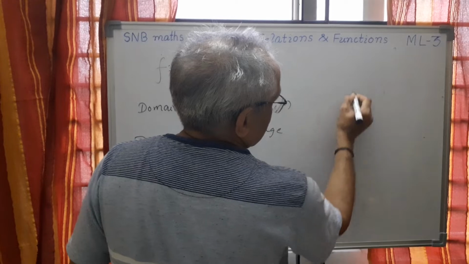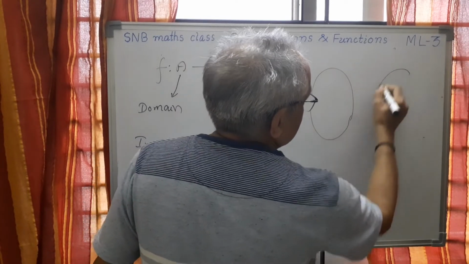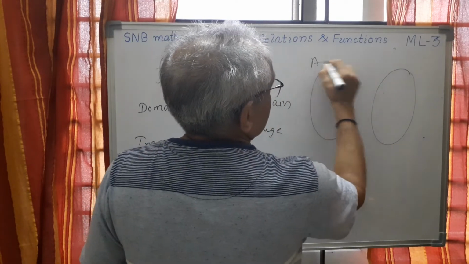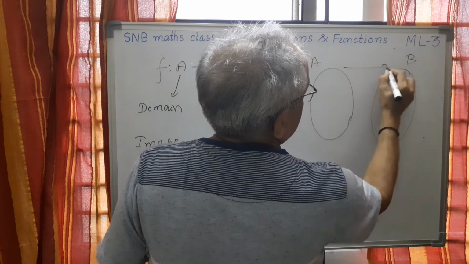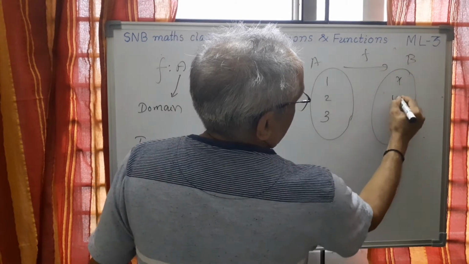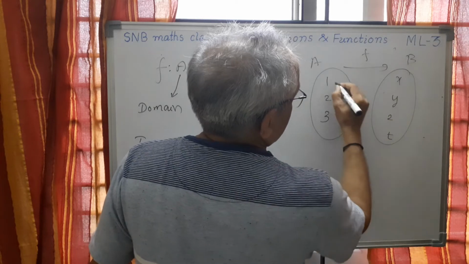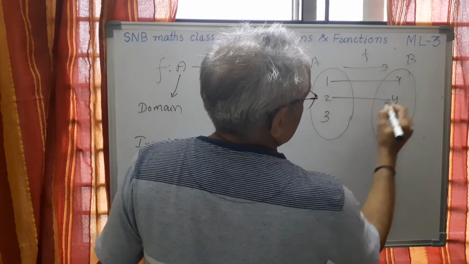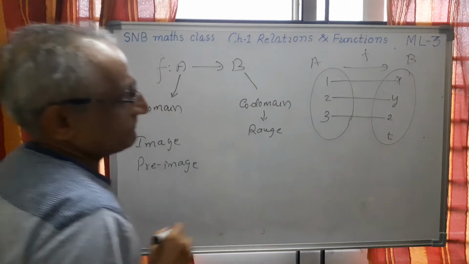Let me use the diagram so that it is easy to identify. This is A, this is B, this is f. 1, 2, 3, x, y, z, t. 1 is going to x, 2 is going to y, 3 is going to z.